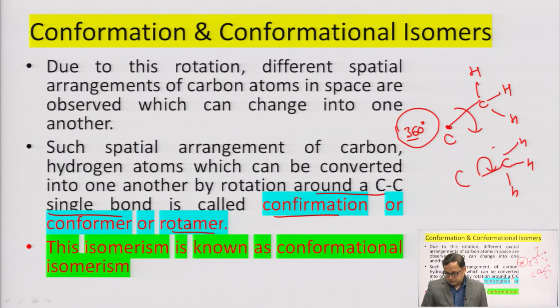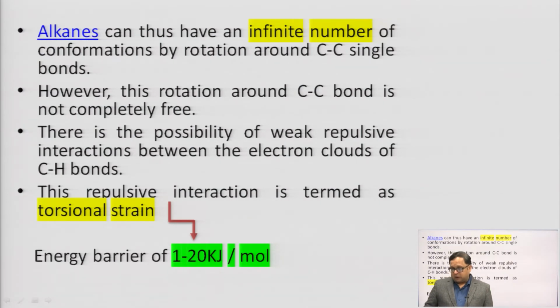Alkanes can thus have infinite numbers of conformations by rotation around the C-C single bond. Now, as I indicated earlier, is this rotation really free? No, this rotation is not completely free.